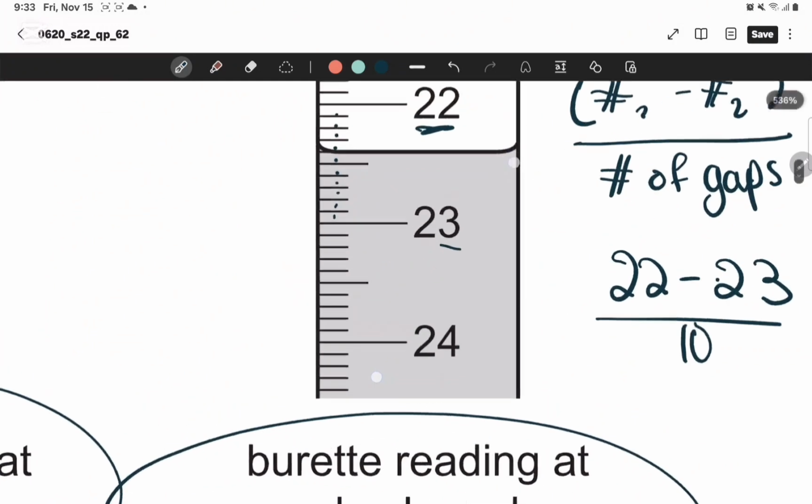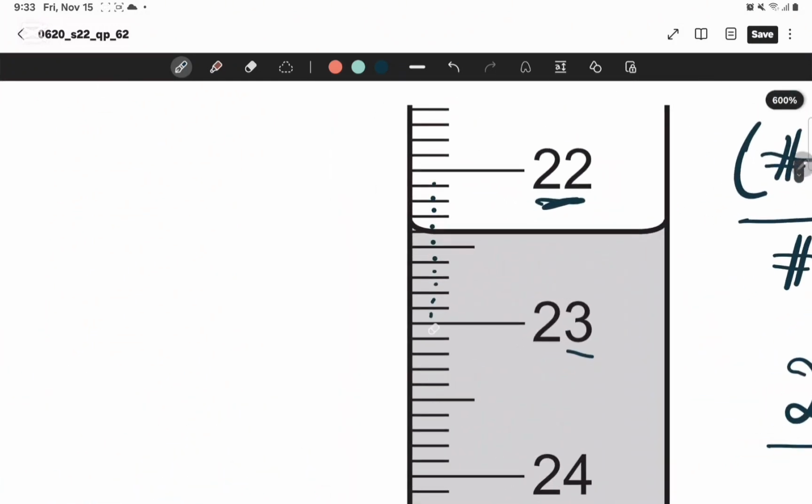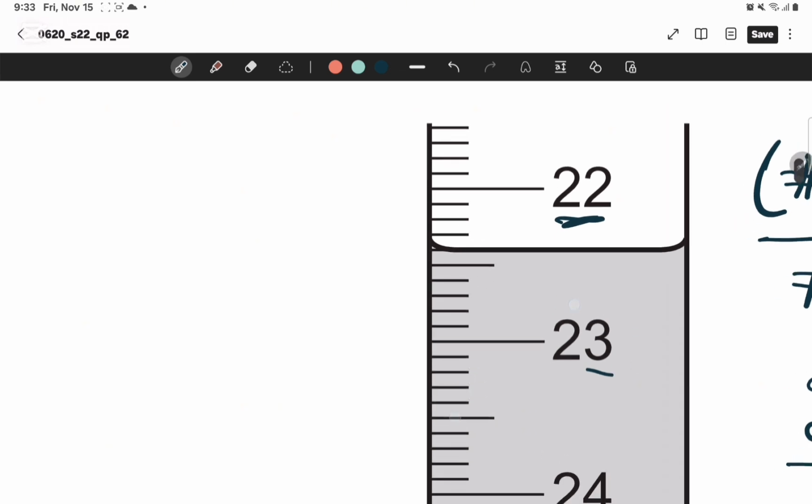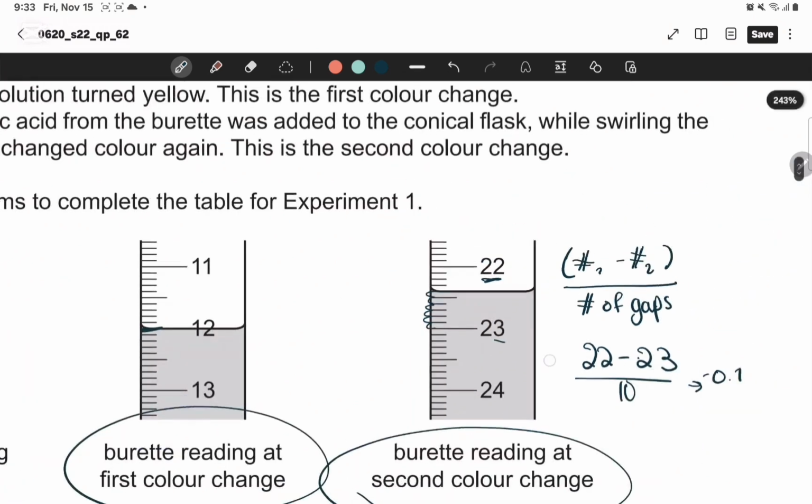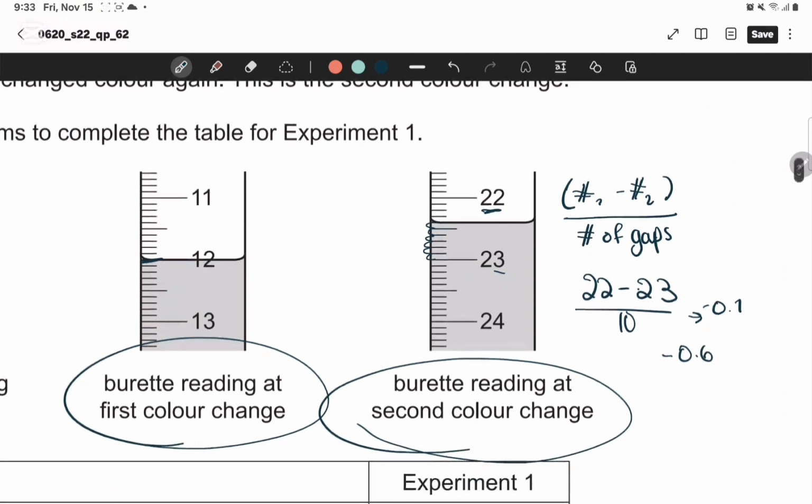That is the number. That's how much you add to each line. So this line is 23 minus 0.1. Okay, so 1, 2, 3, 4, 5, 6. 6 times negative 0.1 is negative 0.6.